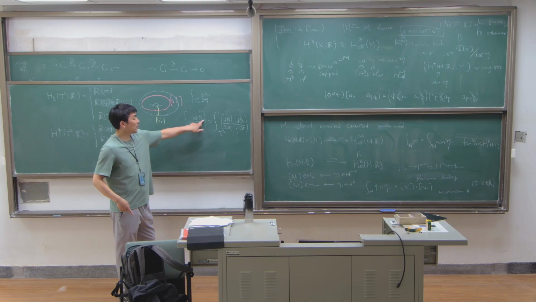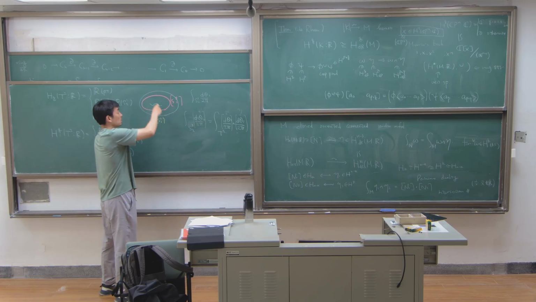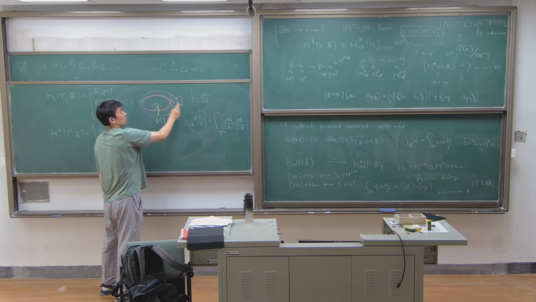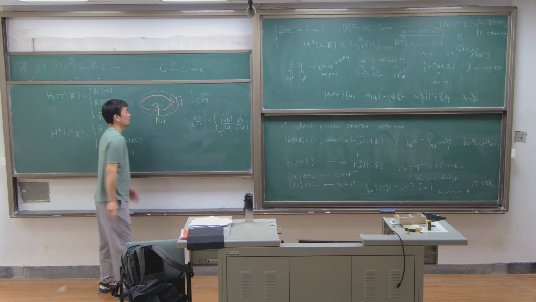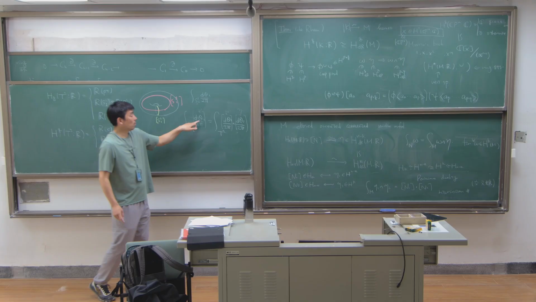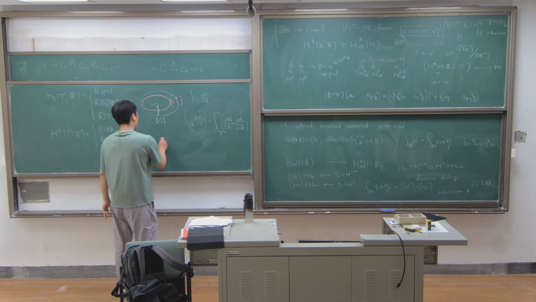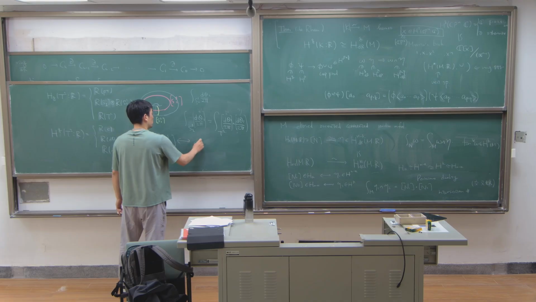Even if you put the d theta 2, d theta 2 does not see this. D theta 2 only sees this red one because it's dual to S12. The angle of this red line is theta 2. The angle of the yellow line is theta 1. Okay. So therefore, S11 is dual to d theta 2 over 2 pi.